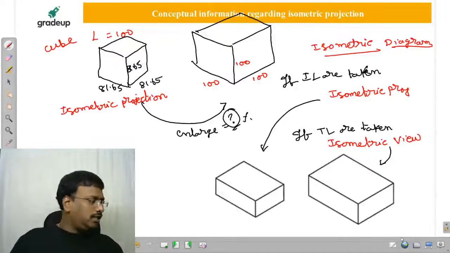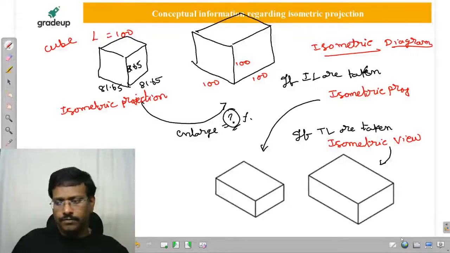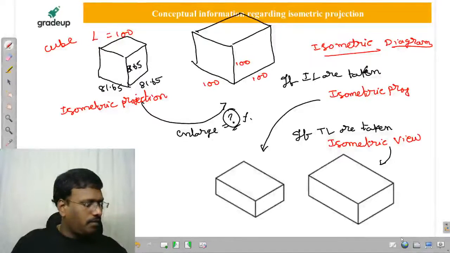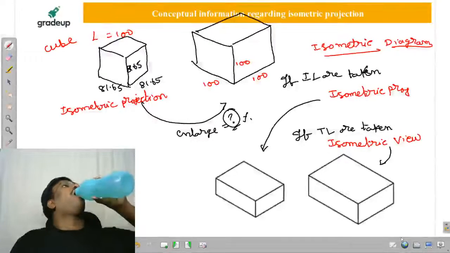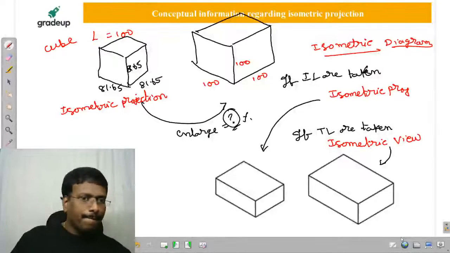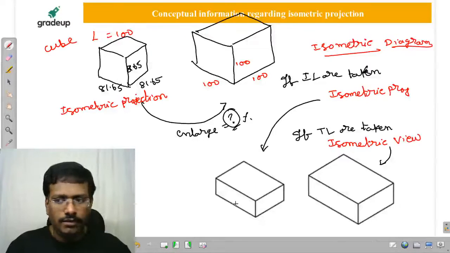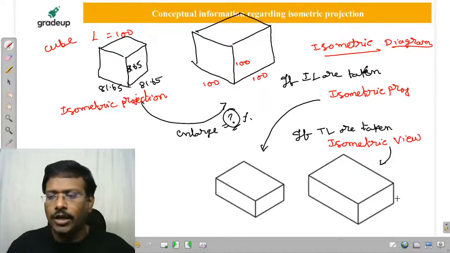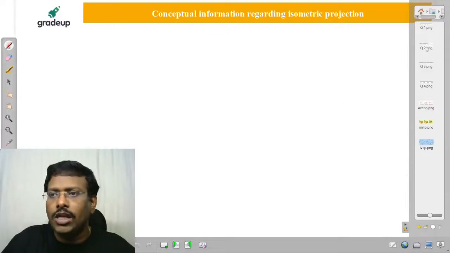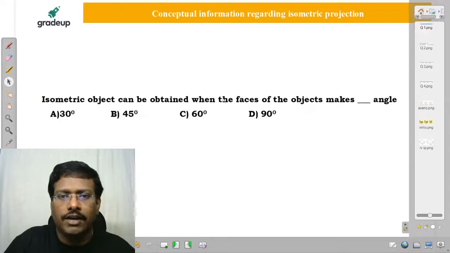How much percentage is enlarged? So this one also you try to do, my dear friends. Now I will give some questions to you. Try to give the answers for this.